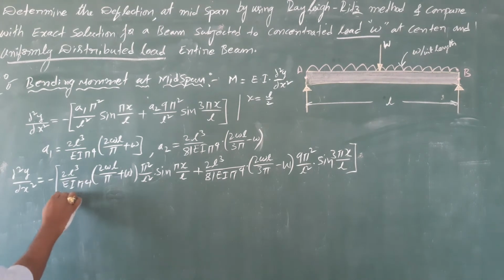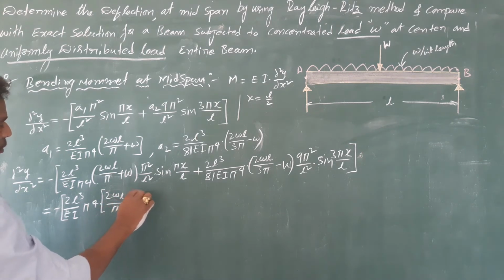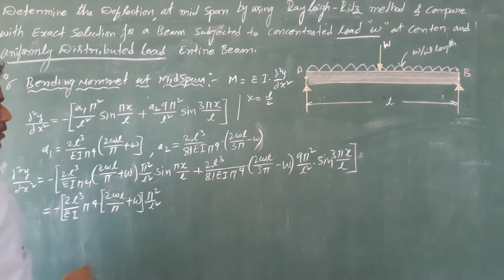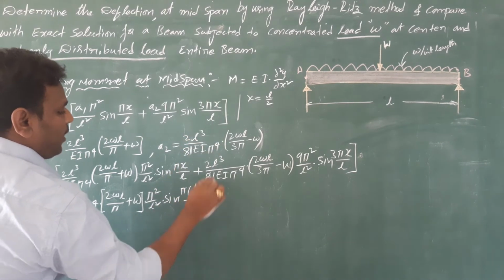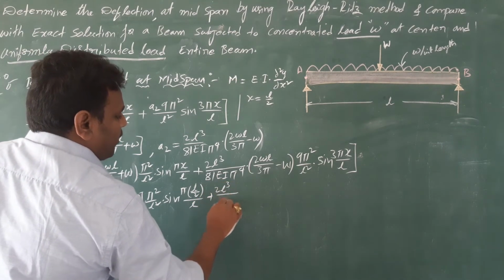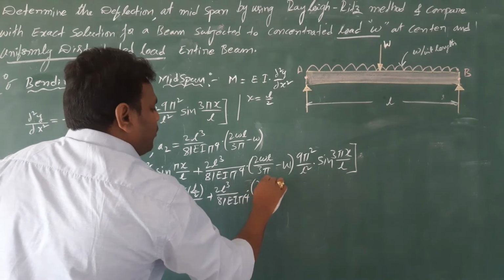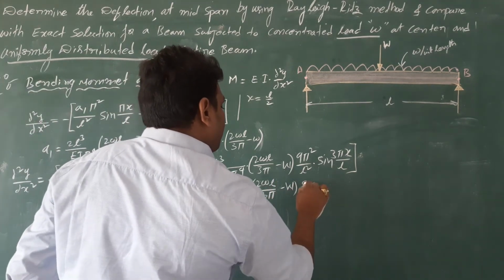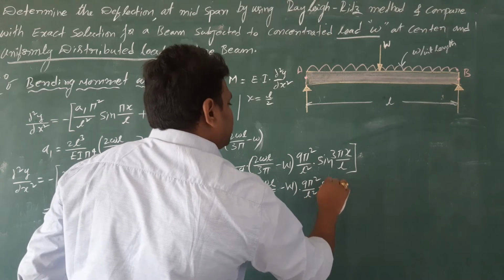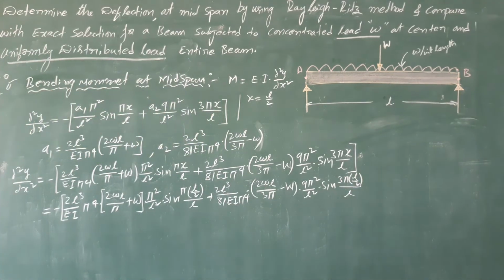Minus 2L cube by EI pi power 4, into 2WL by pi plus capital W into pi square by L square, into sine of pi into L by 2 whole by L, plus 2L cube divided by 81 EI pi power 4, into 2WL by 3 pi minus capital W into 9 pi square by L square, into sine of 3 pi into L by 2 whole by L.